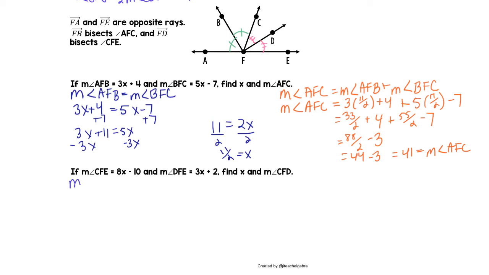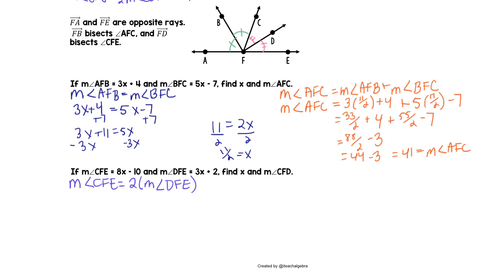We know that the measure of angle CFE is 2 times the measure of angle DFE, because CFE is split in exact half by ray FD. So DFE plus DFE is CFE.